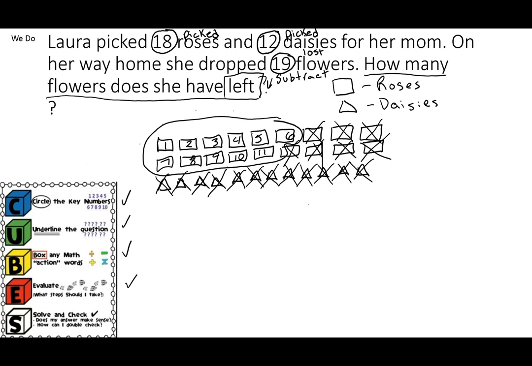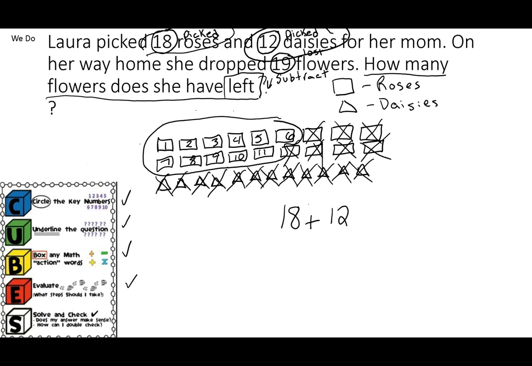Does anybody know of another way that we could have found this answer? That's really good. One thing we could have done is add like terms. We take the number that she picked, which is 18, and then add it to the second number that she picked, which was 12.